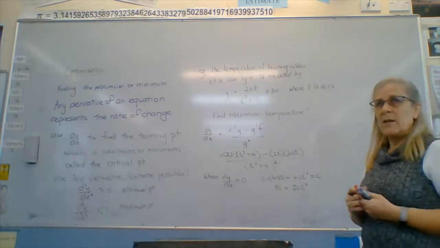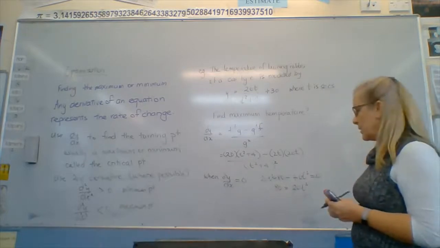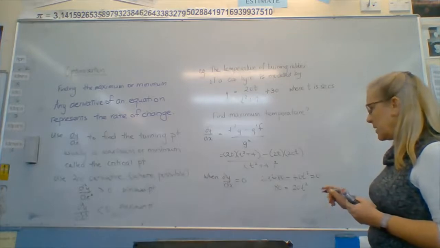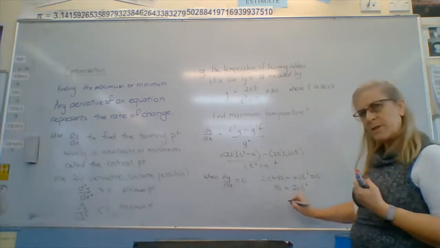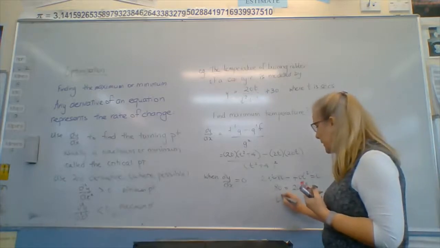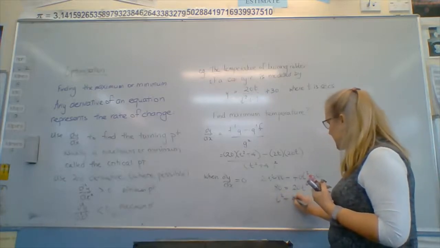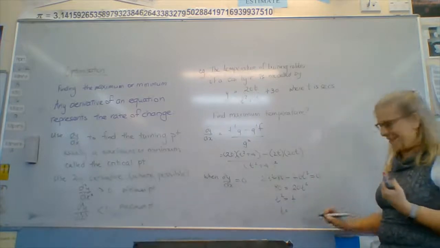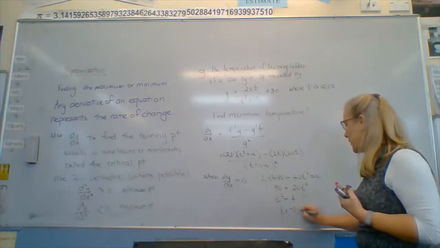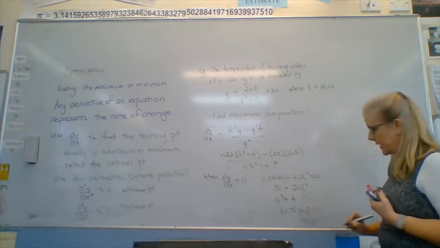Well, as soon as you times by your denominator, you get rid of it anyway. It depends on how you dealt with it. Probably not if you dealt with it properly. So t squared equals 4. So t equals? -2 or 2. Good. Don't forget the -2 part.